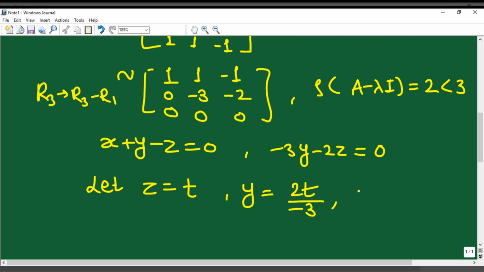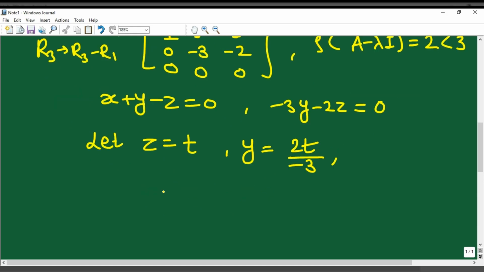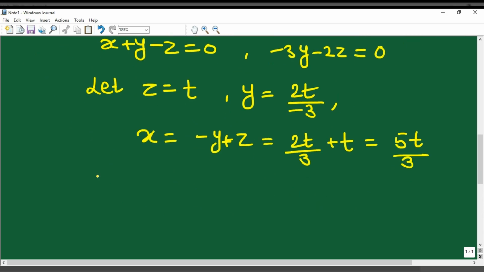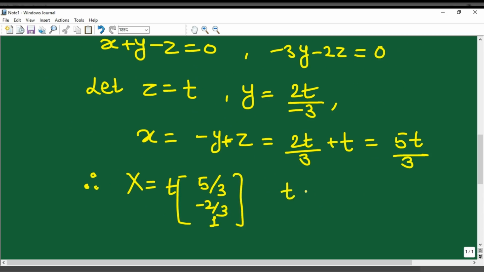And solving for x, it comes out to be minus y plus z, so 2t upon 3 plus t, and that comes out to be 5t upon 3. Hence, capital X is equal to, if I take t common, t times (5/3, -2/3, 1).